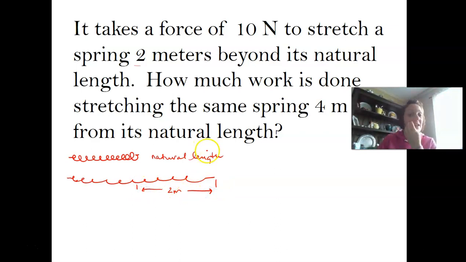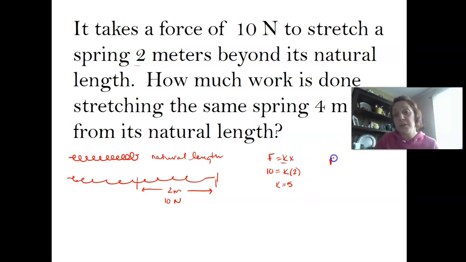what they're telling us is that this 2 meters took 10 newtons of force. So to take this spring from its natural length out further by 2 meters, it took me 10 newtons of force. I know that force has to equal the spring constant times x. So I can use this information to find K. So if 10 newtons was 2 meters, then I know that for this spring, K was 5.